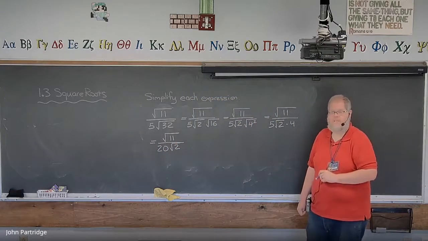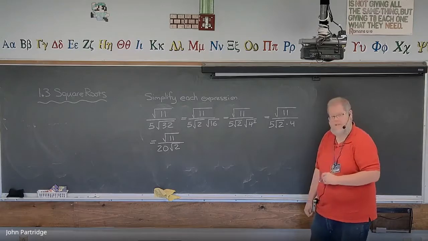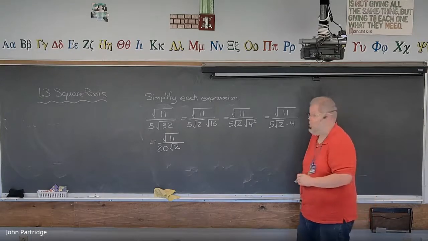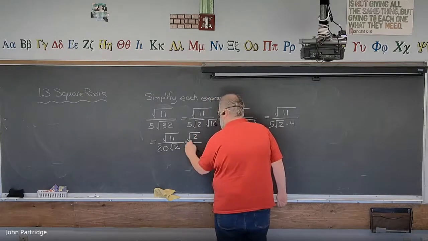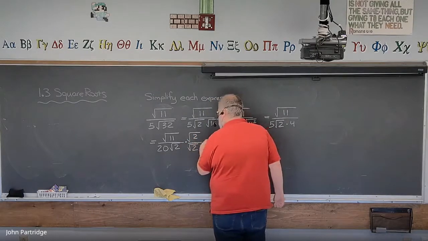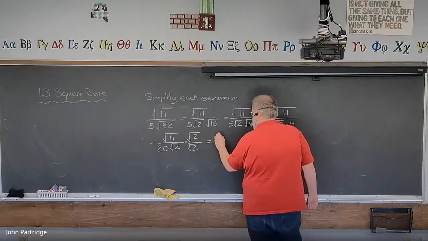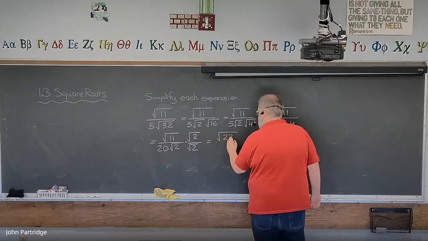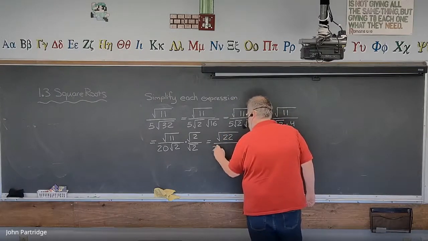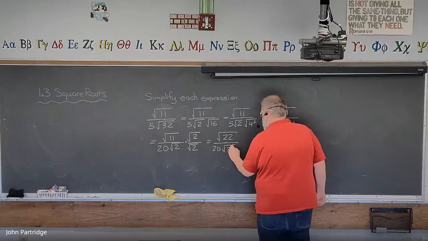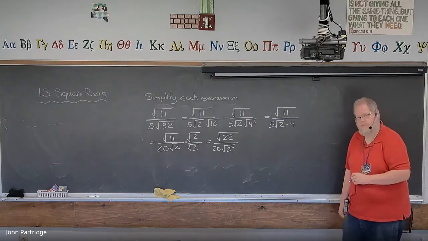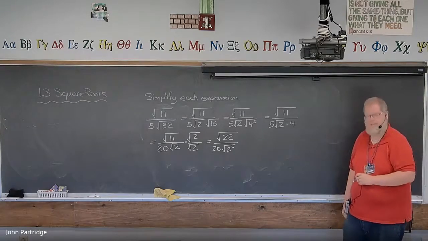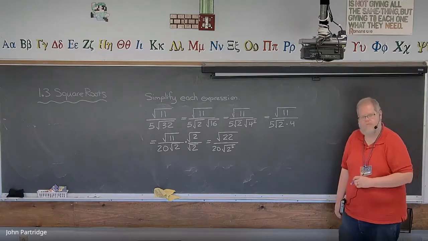The square root of 11 divided by 20 square roots of 2. The square root of 22 divided by 20 square roots of 2 squared.